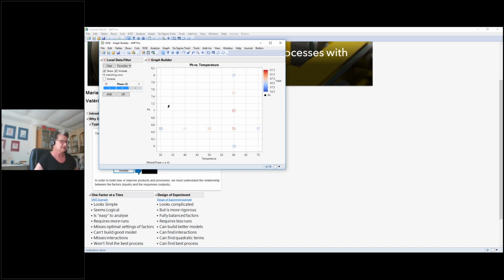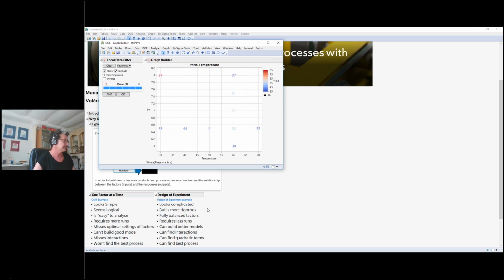So do you think that you have found the optimum? What about other possibilities? Later, we learned that a higher yield could be obtained at lower temperature and higher pH, and a significantly lower cost process. So that would be one factor at a time.